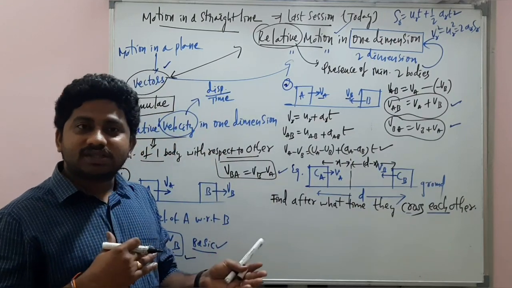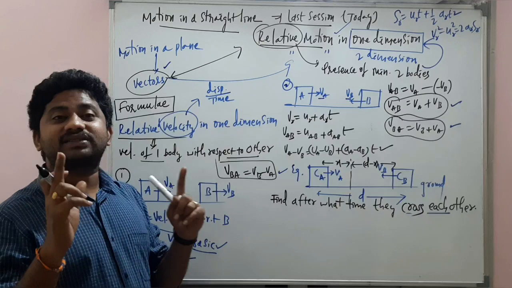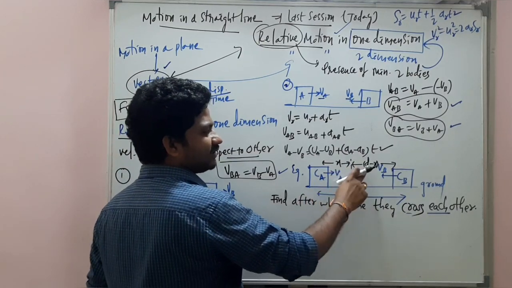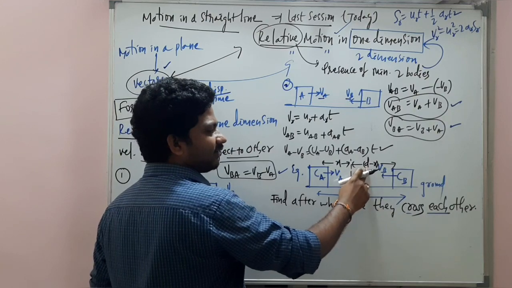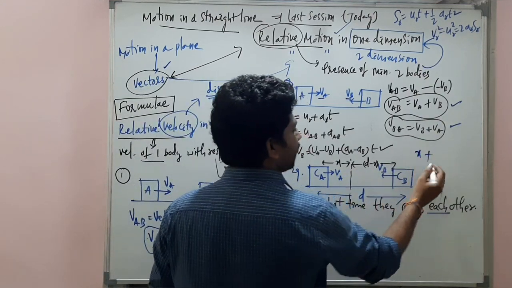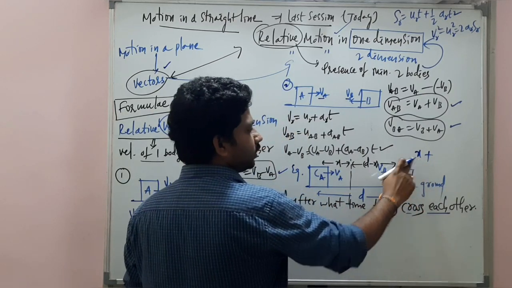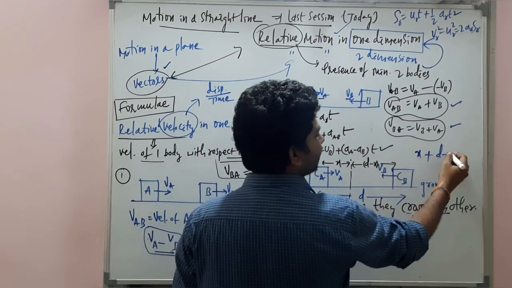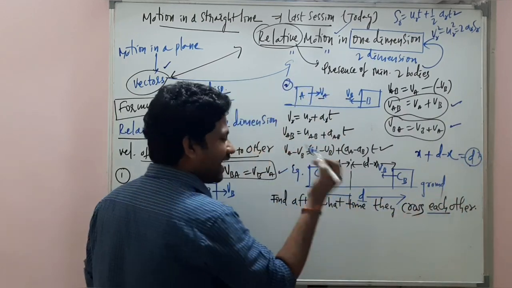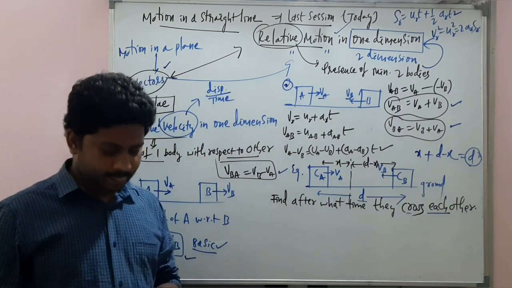So both the cars together must cover what distance? The sum of the first car's distance covered before crossing and the second car's distance covered before crossing is equal to d, that is equal to the initial distance between the 2 cars.